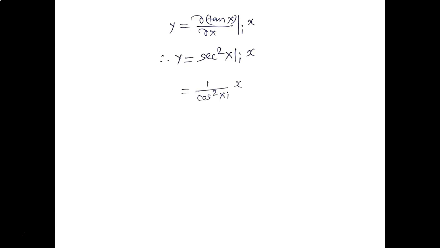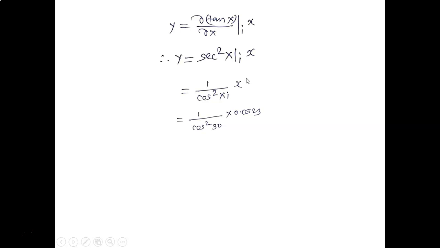Therefore, what is the partial differentiation of tan x? Sec square x, and what is sec square x? Sec square x is equal to 1 upon cos square x. Therefore, we can write small y is equal to 1 by cos square x at xi into small x.